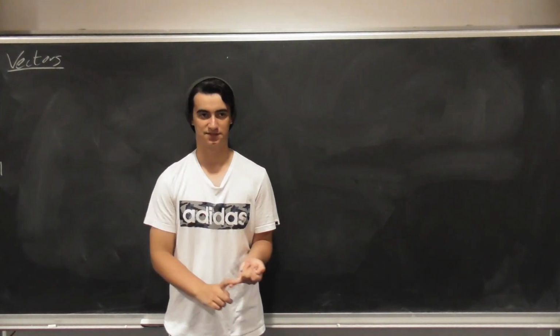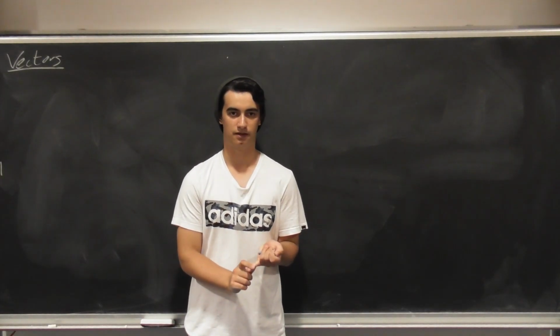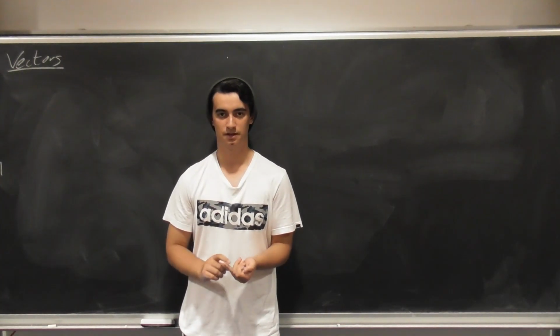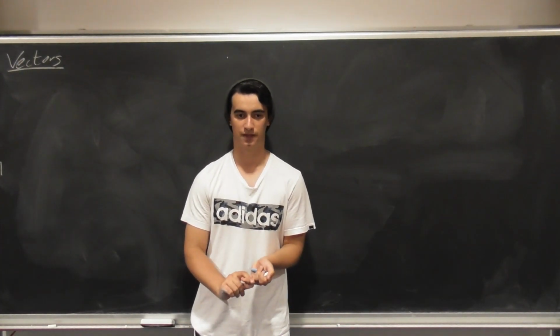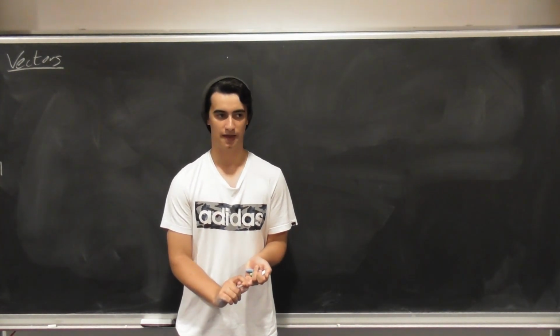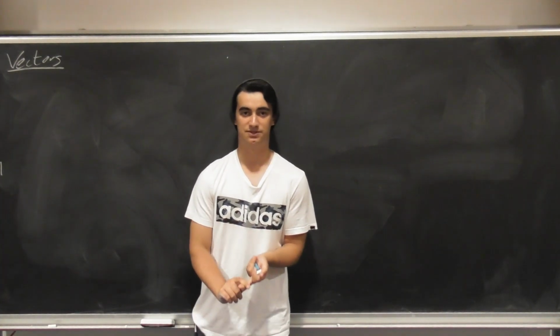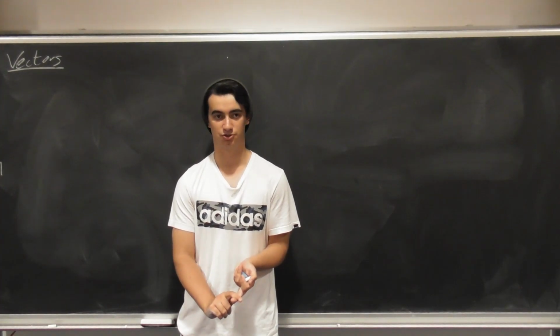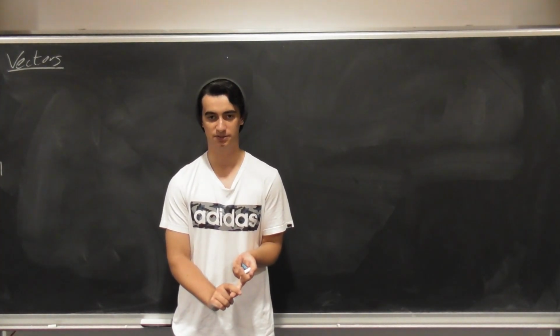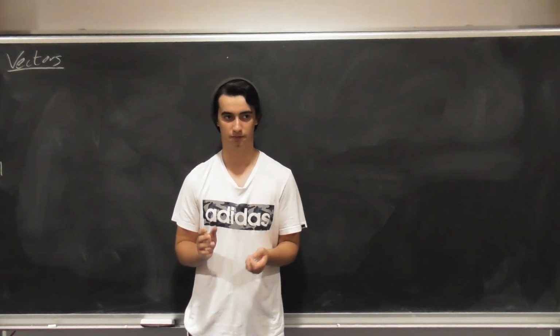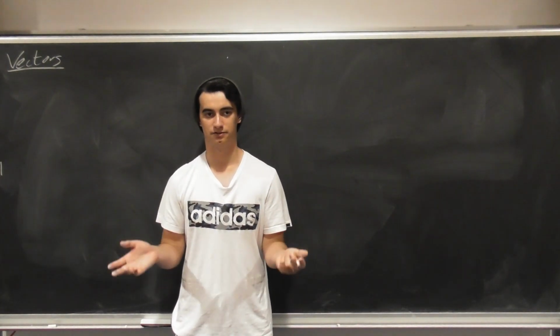A physicist will tell you that a vector is any quantity with magnitude and direction. A computer scientist might tell you that a vector is just an object that stores information. A mathematician might tell you that a vector is an element of a vector space. Now we'll really be dealing with the first one, a quantity that has magnitude and direction.